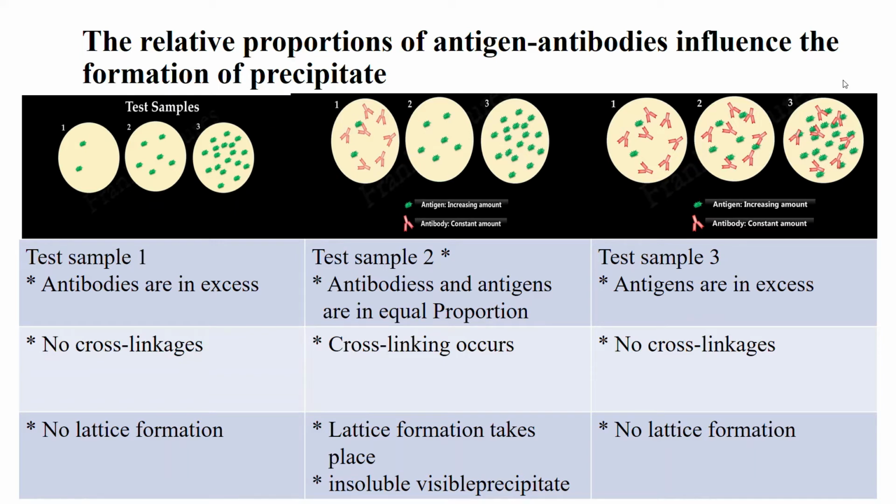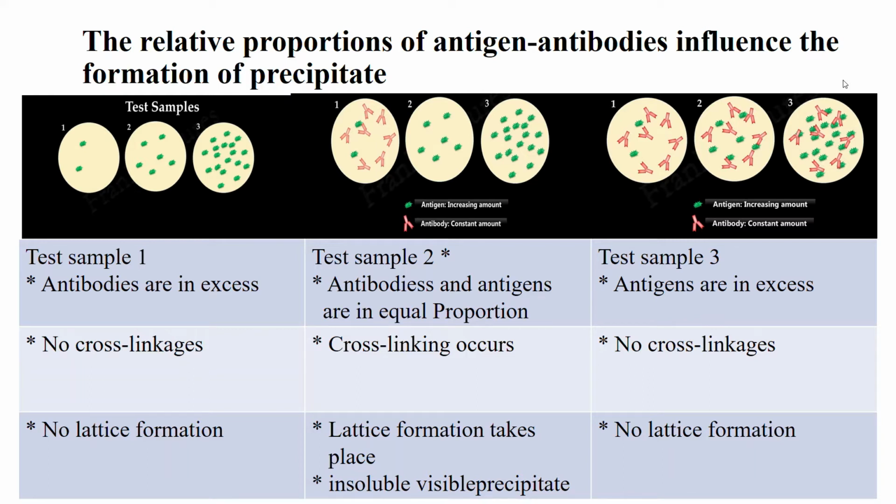In the case of the first test sample, antibodies are in excess because each antigen will bind only 1 or 2 antibodies, hence no cross linkages are formed. The antibodies and the antigens are insufficient, so no lattice formation will take place.